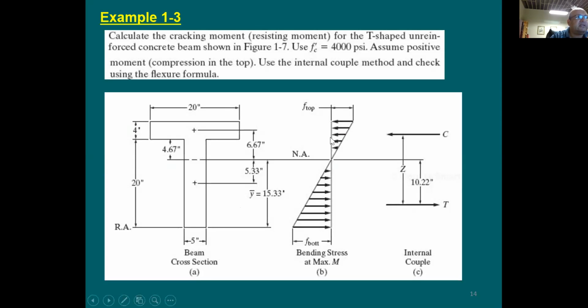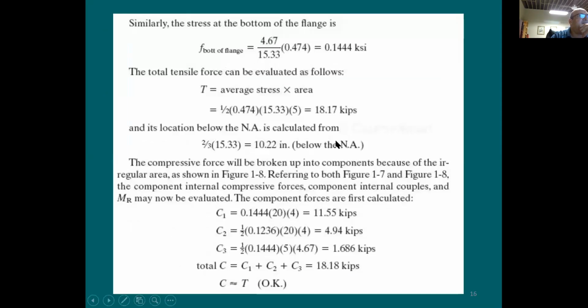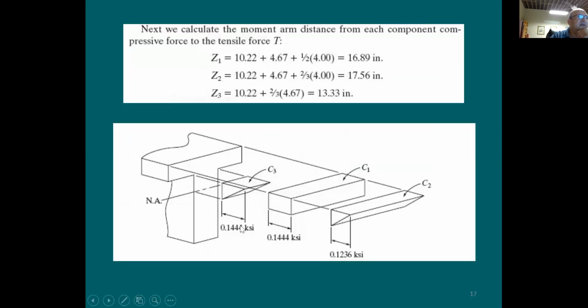So the stress right at this point with these two similar triangles is easy; you should be able to do it. And with that, you find the stress at this point, at the bottom of the flange, is going to be 0.1444. Is it okay? And the stress on the top is how much? 268. You subtract 144, you end up with 0.1236.